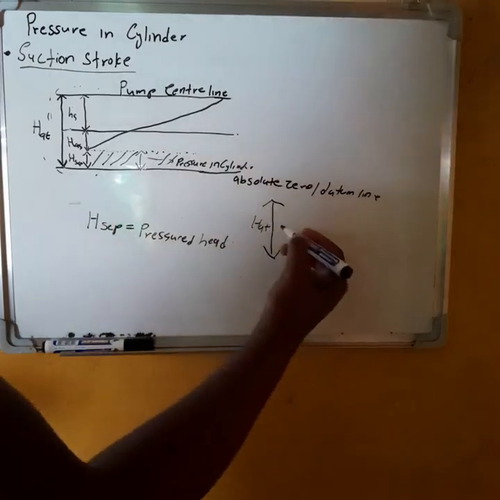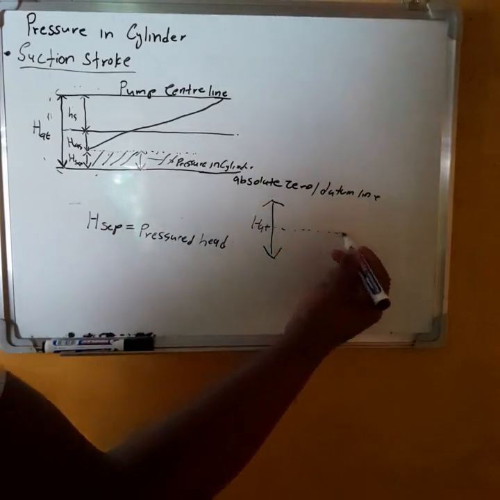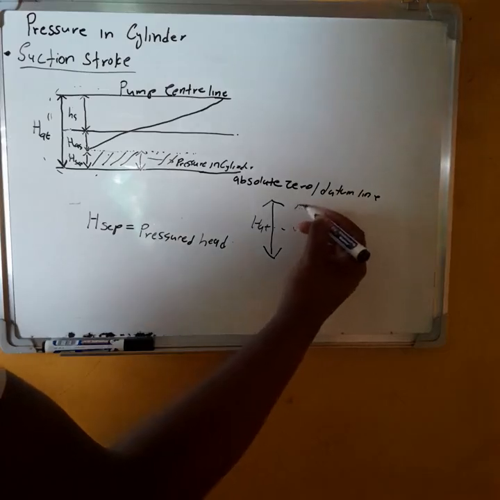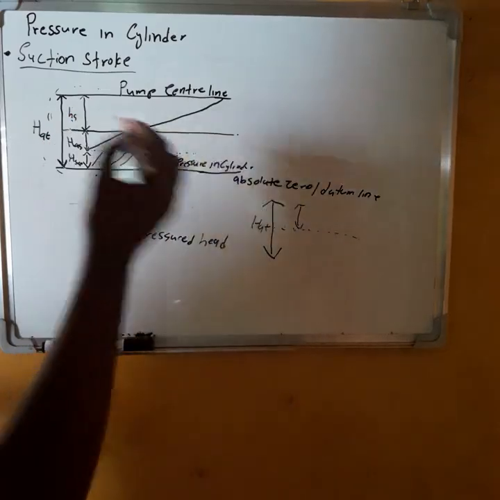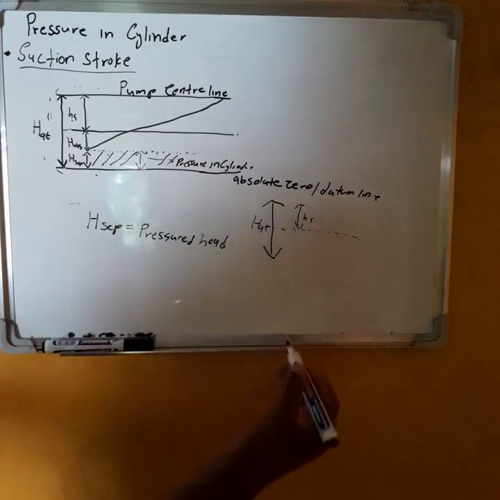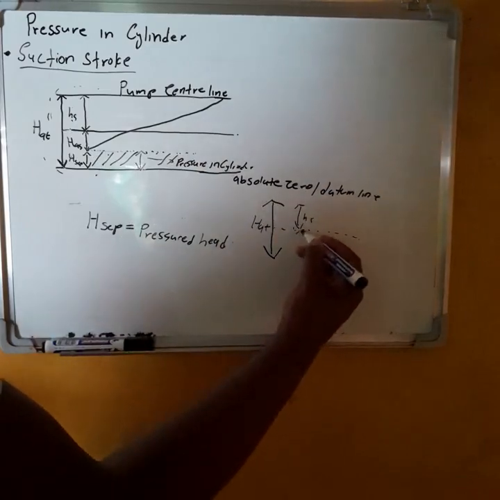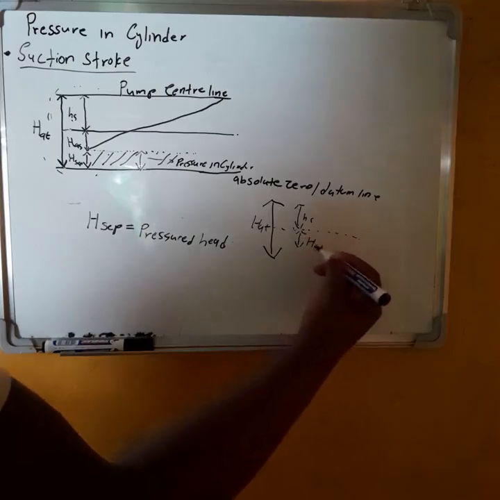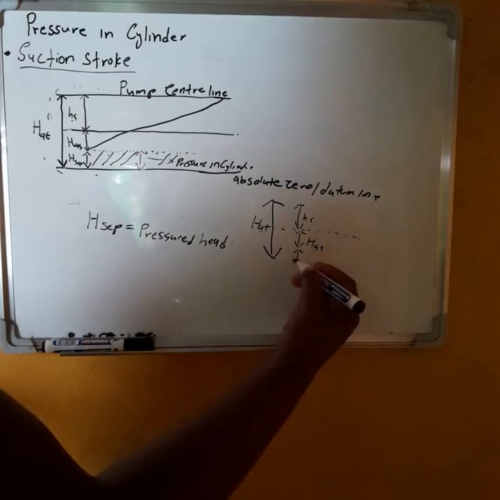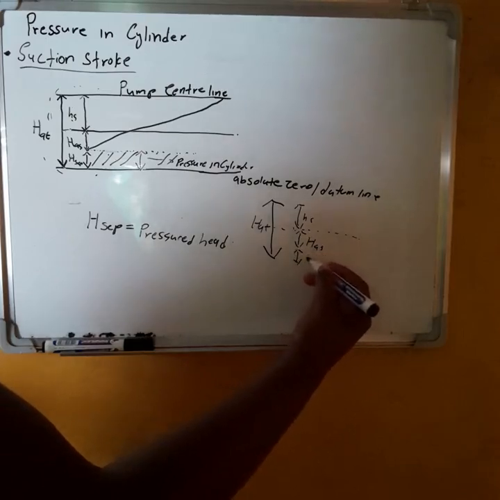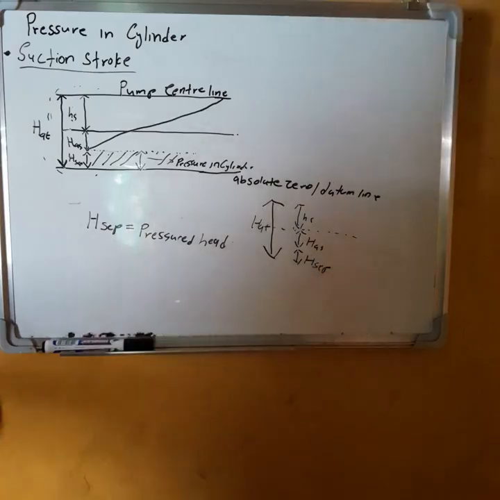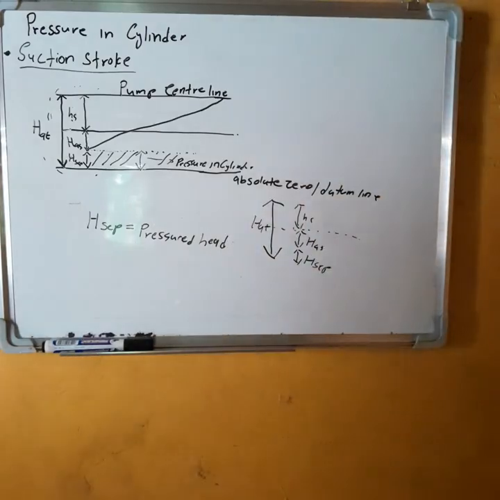Since you have H80, here we have a straight horizontal line. From this horizontal until here, this portion, we have HS. Then there's a little portion until here, we have HAS. Then this little portion until there, we have H sep.